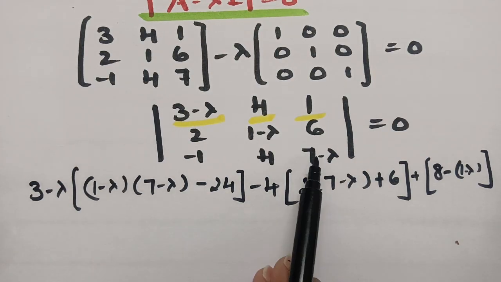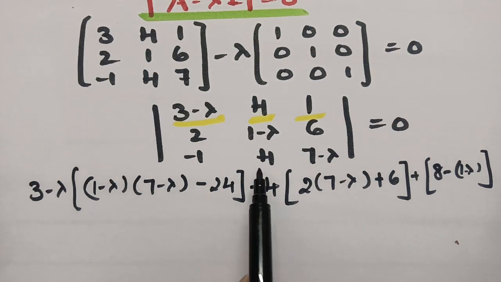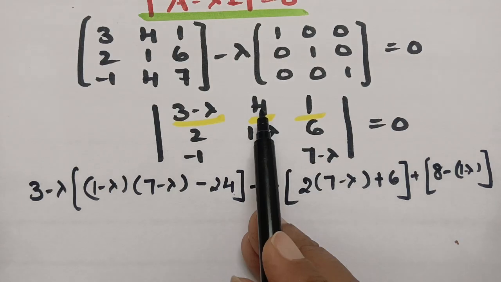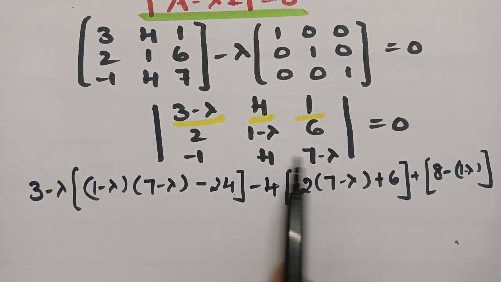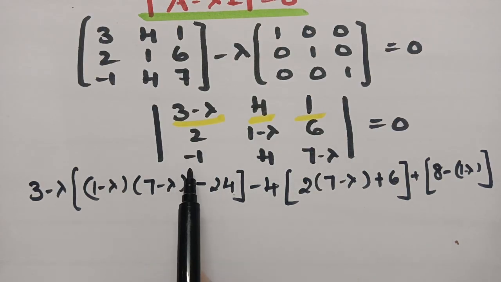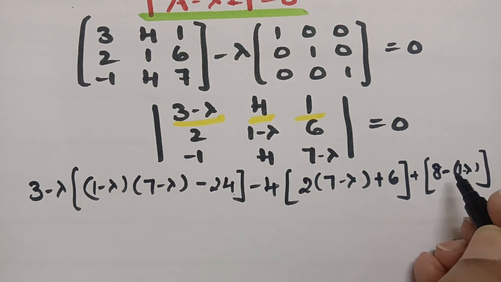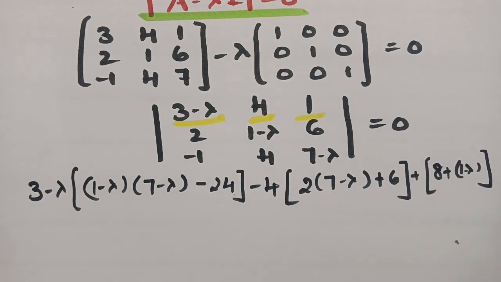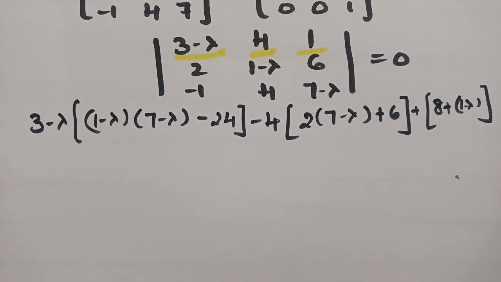(3 minus lambda) times of [(1 minus lambda) into (7 minus lambda) minus 24] minus 4 times of [2 times (7 minus lambda) plus 6] and the next one is plus 1 times of [8 minus of minus, plus 1 minus lambda], clear. Now if I multiply, see what happens here.